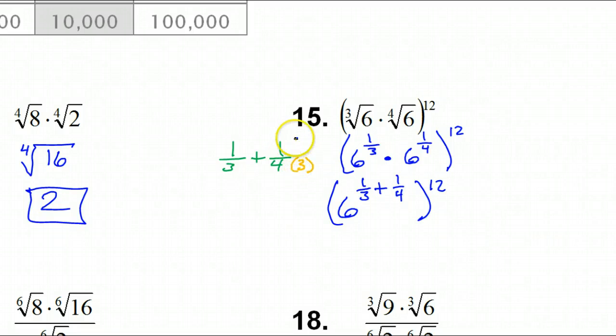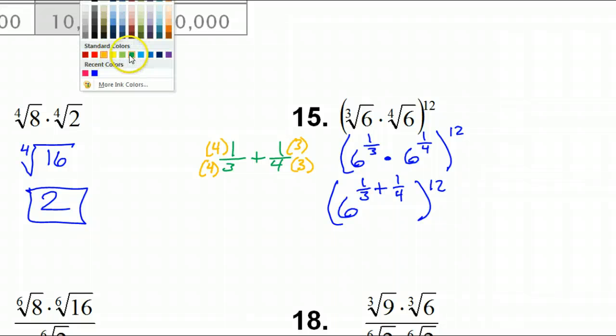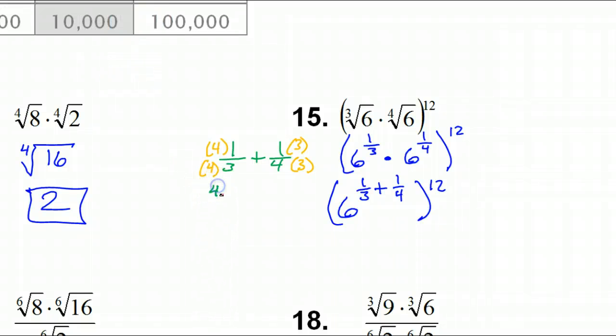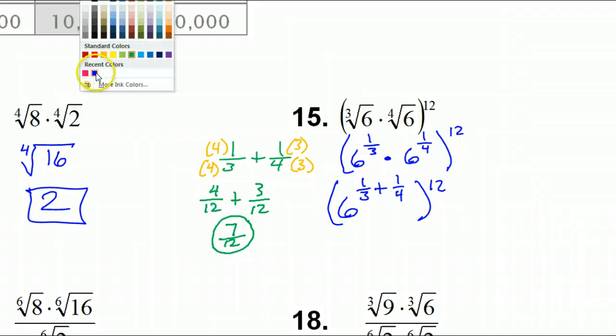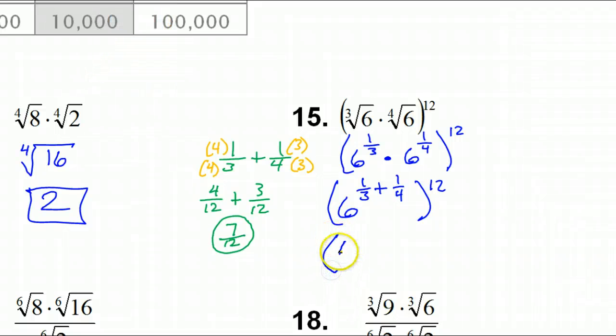So I will multiply these by 3, and I will multiply these by 4 in order to get 12 and 12. So I will have 4 over 12 and 3 over 12, which makes 7 over 12. Remember that. So I will have 6 to the 7 over 12 power.